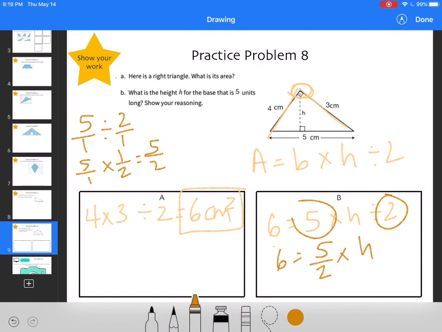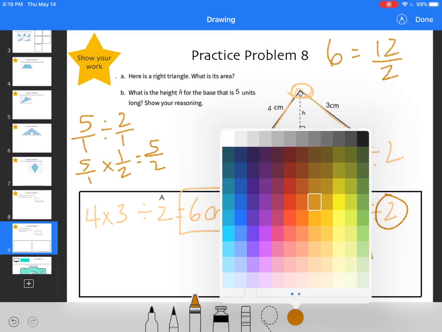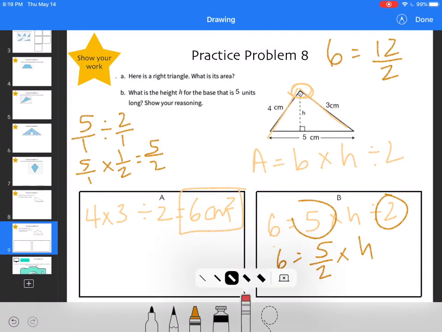So 6 is equal to 12 halves. If I have 12 halves, I have 6 over 1. So I'm going to change this to 12 over 2. So now I know I'm multiplying the denominators.